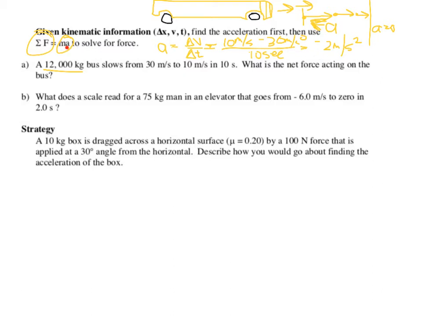F equals ma. That means that the net force on the bus is the 12,000 kilogram mass. Oops, I forgot a zero. 12,000 kilogram bus times our negative 2 meters per second squared.